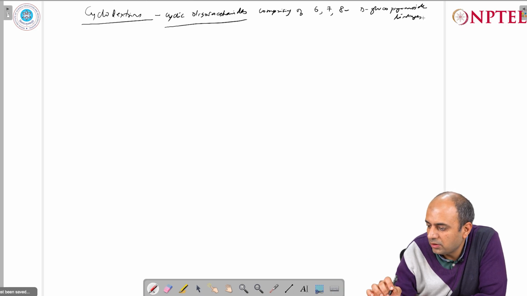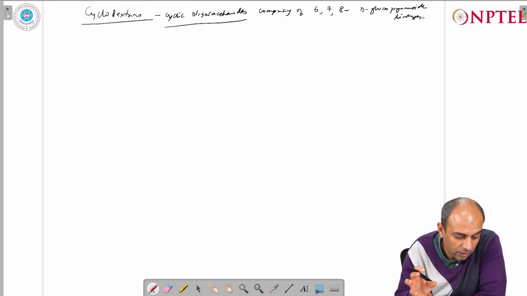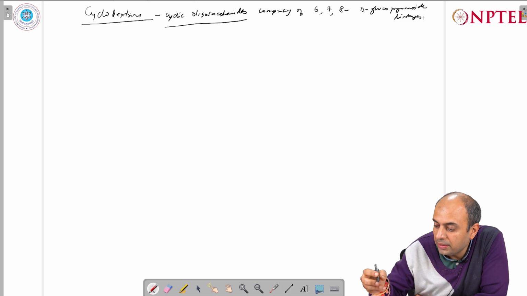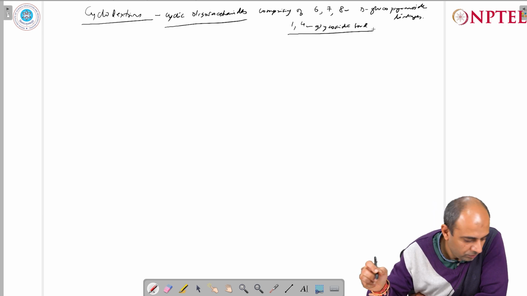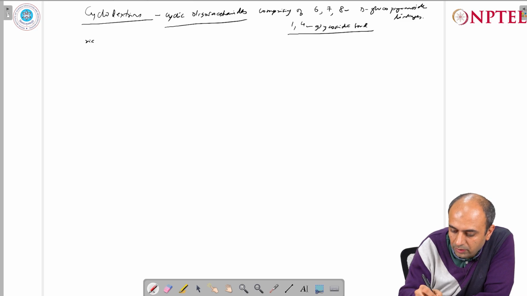So there are 6 such D-glucopyranoside linkages. That is, the essential building block is the D-glucopyranoside, and they are essentially linked by the 1,4-glycosidic bond. So this is, to start with, the chemical composition of cyclodextrin.